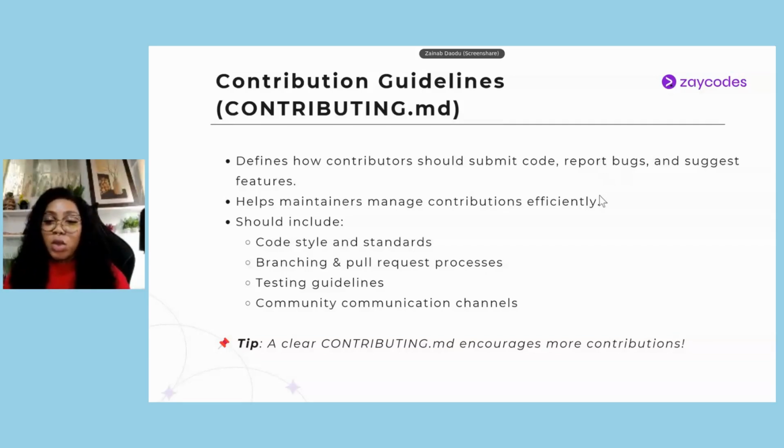Are there processes for creating pull requests or issues? How can they test? Basically, something that takes someone from the beginning of opening a pull request through the whole process of submitting a contribution, without needing to go to the community or ask the maintainers questions like, how do I do this or that?